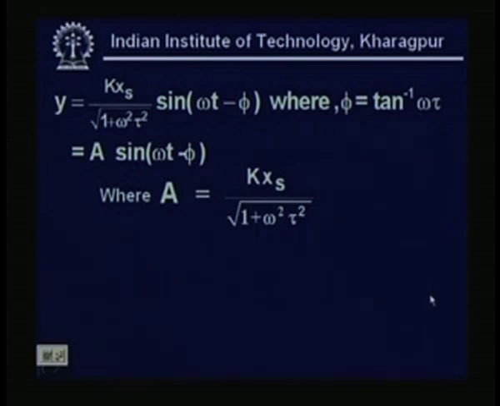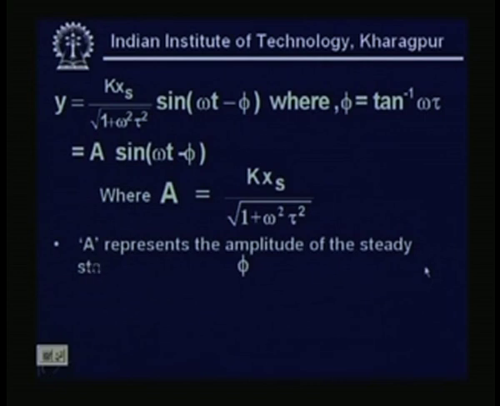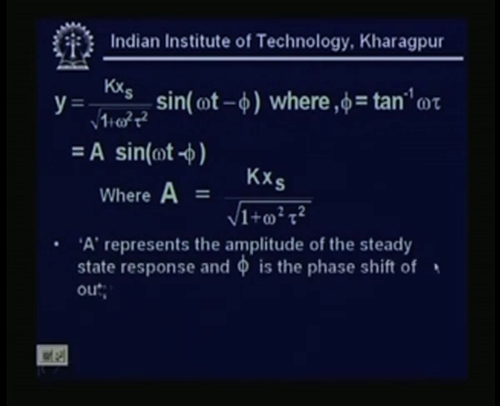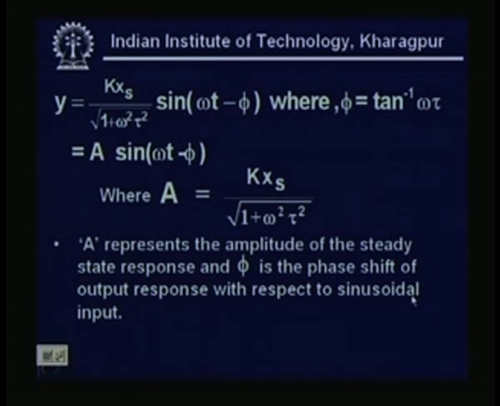Where A equal to k xs upon under the square root 1 plus omega square into tau square, where A represents the amplitude of the steady state response and phi is the phase shift of the output response with respect to sinusoidal input, right.